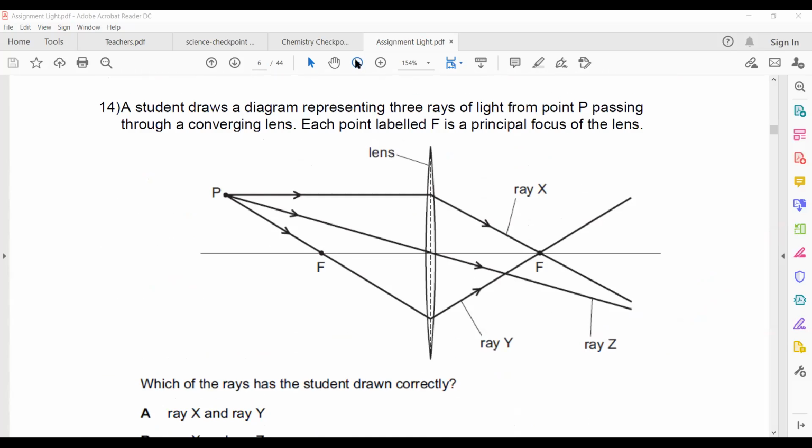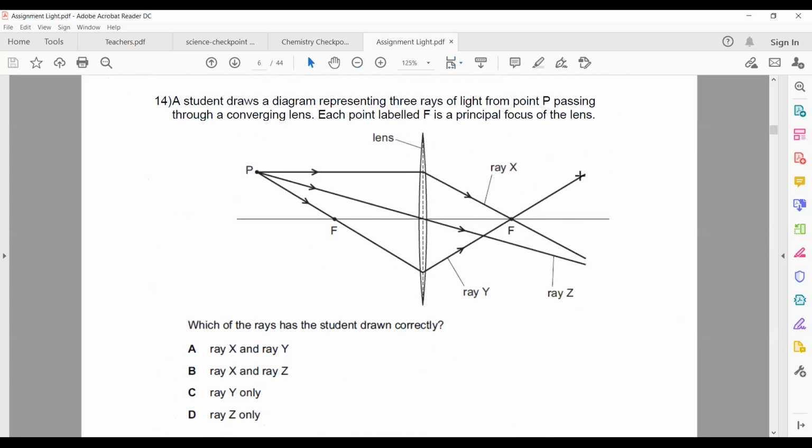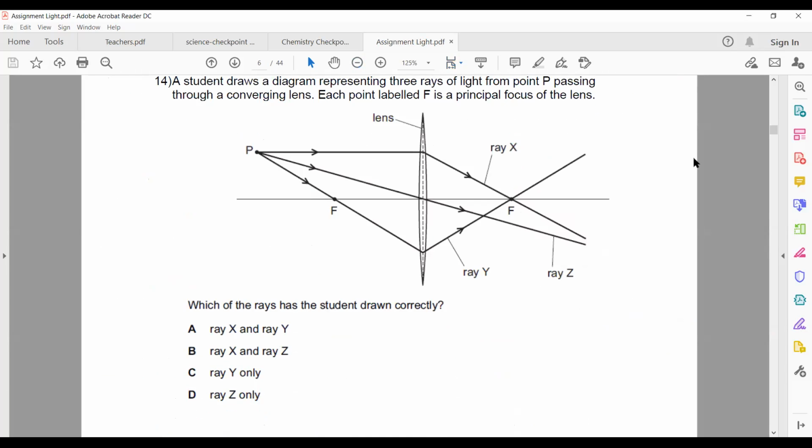The student draws rays to represent three rays from a point P. Each point labelled F is a principal focus. Which rays has the student drawn correctly? The first one is parallel, so it should pass through the focus. So he did that correctly. One is through the center of the lens, so it should pass straight.